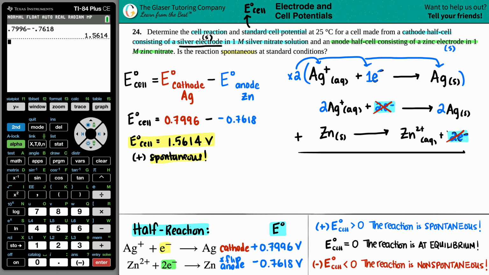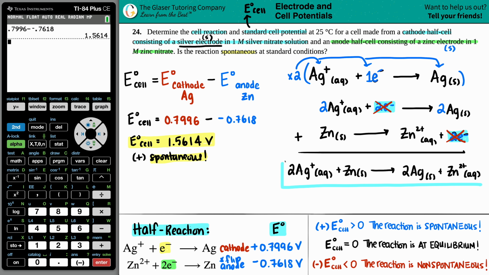Technically, anything else would cancel as well, but I have nothing else that's the same. So all the reactants stay on the reactant side, all of the products stay on the product side. So now I got 2 Ag+ aqueous plus the zinc solid yields the 2 Ag solid plus the Zn2+ aqueous. And now we have that cell reaction. And let's just box it off. Whoop, whoop. There we go.